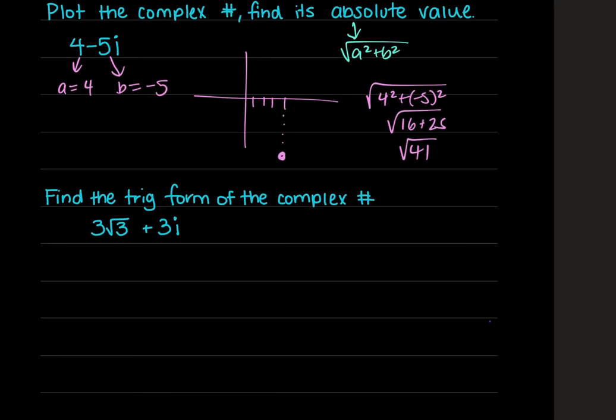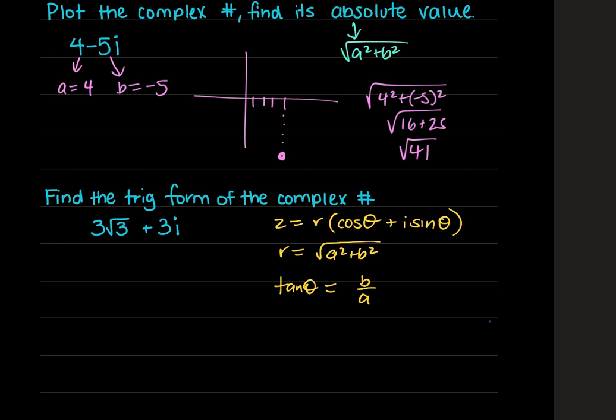And then finding the trig form, this is z equals r times the cosine of theta plus i times the sine of theta. r is the magnitude or the distance or the absolute value. And tan of theta equals b over a.